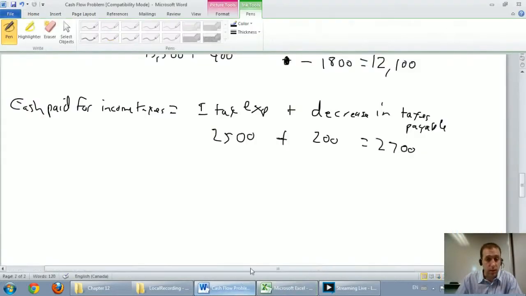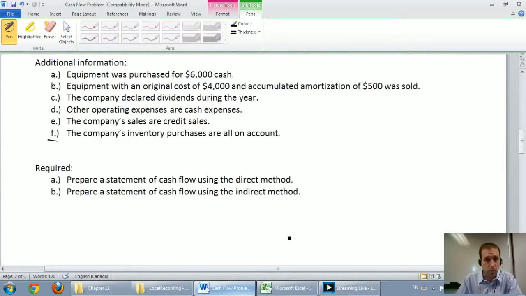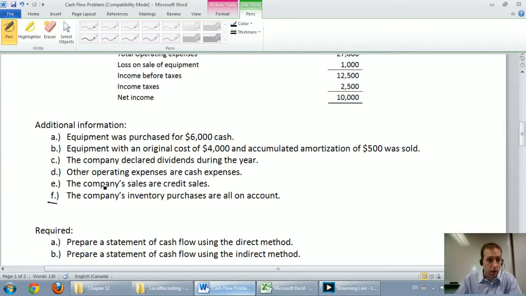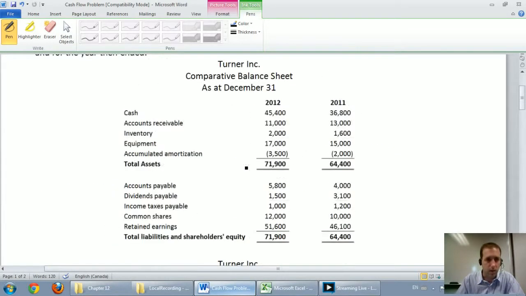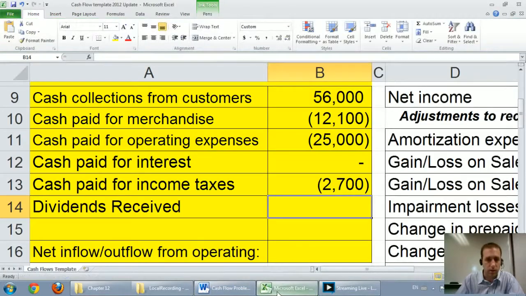Dividends received, here I'm looking for dividend revenue or dividends receivable. Now I noticed the company declared and paid some dividends. If they declare dividends, that's not dividends received, that's dividend payments, and that happens down in the financing section. The dividends received, we didn't have any. I don't see any here, so we'll leave that one off. Again, dividends paid, we're going to deal with later on when we do the financing section.